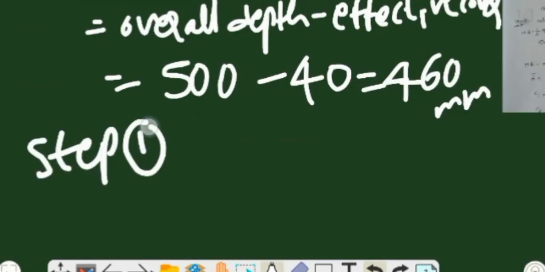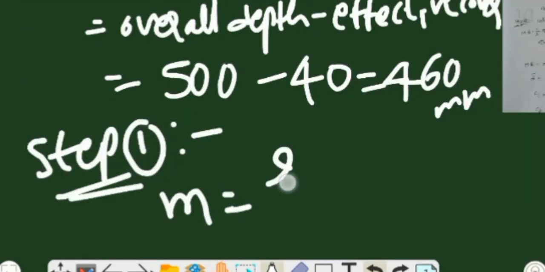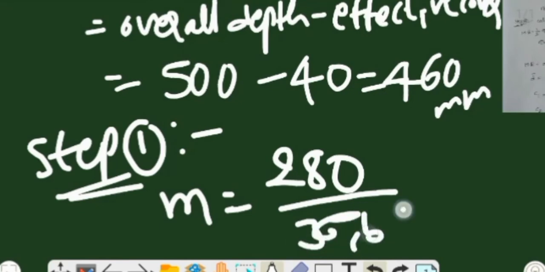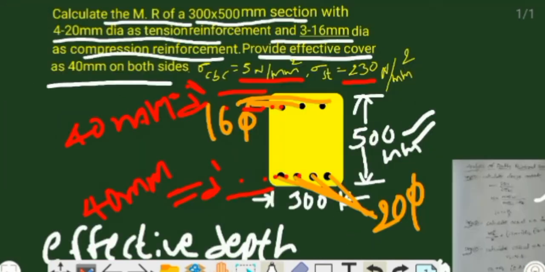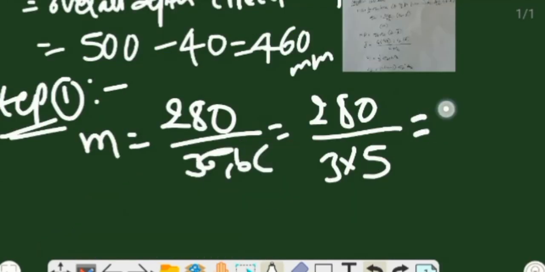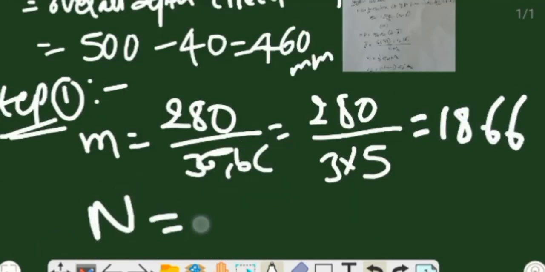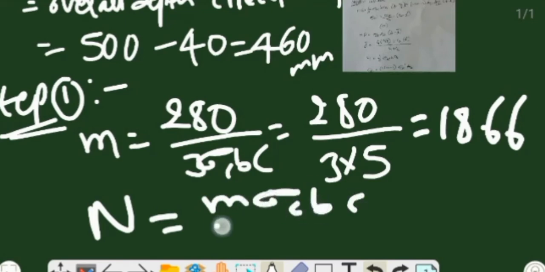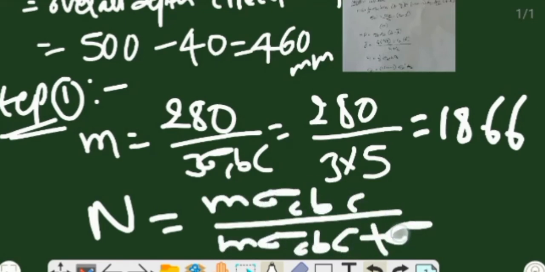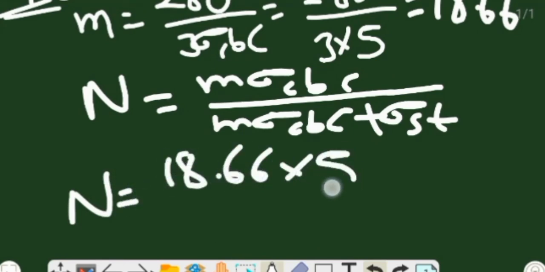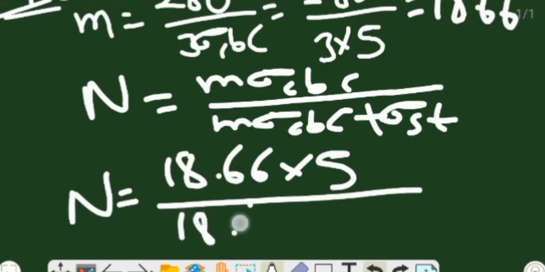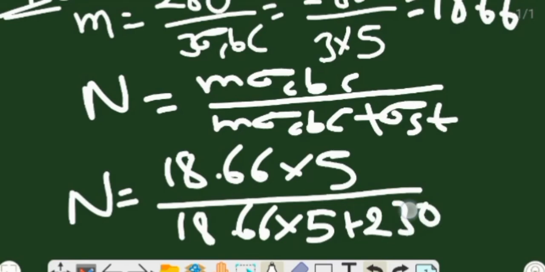Step 1, calculate design constants. The modular ratio m equals 280 by 3 sigma CBC, equals 280 by 3 into 5 Newton per mm square, and we get the modular ratio equal to 18.66. Next design constant is the neutral axis depth factor n equals m sigma CBC by m sigma CBC plus sigma ST, equals 18.66 into 5 by 18.66 into 5 plus sigma ST, which is 230 Newton per mm square.